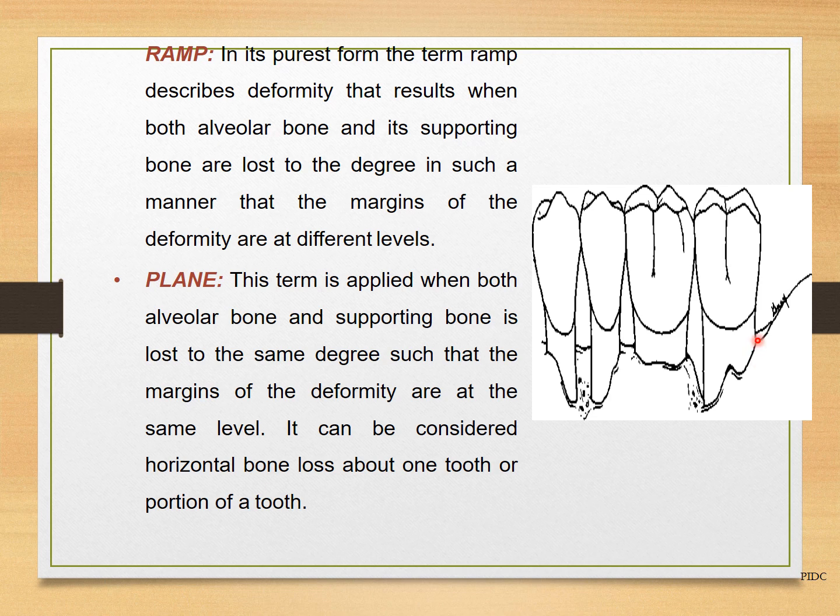So that is the ramp type of osseous defect. And the plane is a term applied when both the alveolar bone and the supporting bone are lost to the same degree, such that the margins of the deformity are at the same level. It can be considered horizontal bone loss about one tooth or a portion of a tooth.